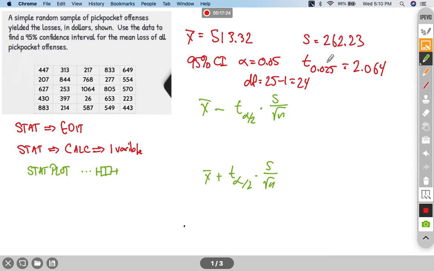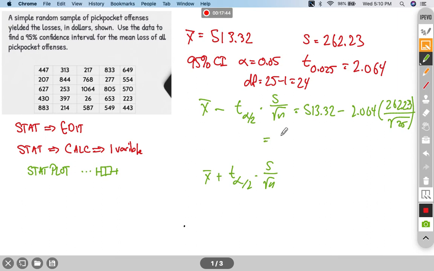So when we got all the numbers up here, x bar was 513.32, t is 2.064, s is 262.23, and the square root of 25. Oh, isn't that convenient and nice?